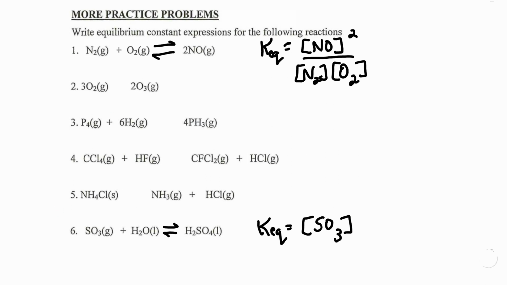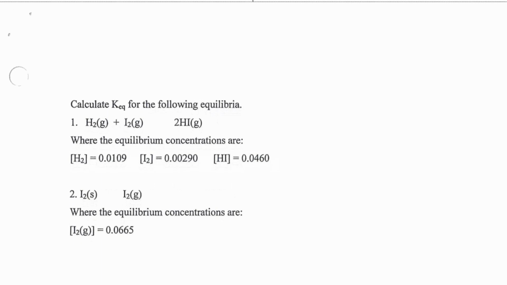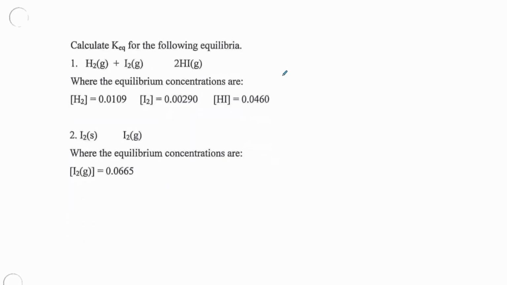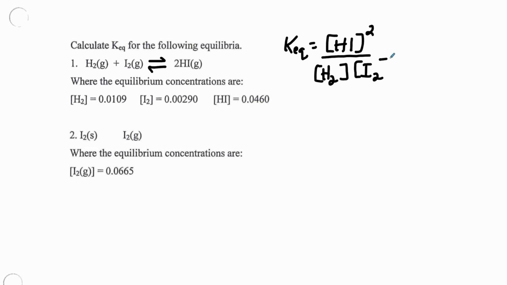All right, one more thing to show you, and that is how to plug in values once you have the expression. So here is a reversible reaction, and we're given the concentrations for both reactants and the products. You want to start by writing the expression. Then it's just a matter of plugging in the values.